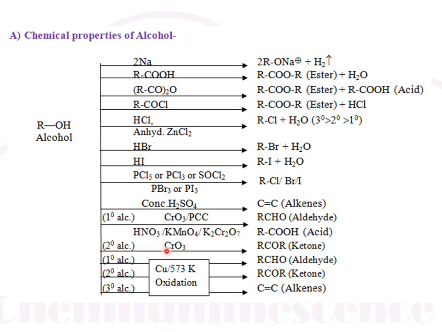Secondary alcohol on reaction with oxidizing agent chromium trioxide forms ketone. Primary alcohol on heating with copper undergoes oxidation and forms aldehyde. Secondary alcohol on heating with copper undergoes oxidation and forms ketone, while tertiary alcohol on heating with copper undergoes dehydration and forms alkene.